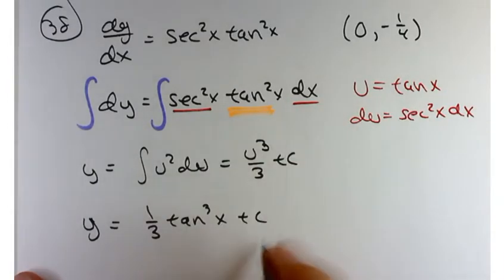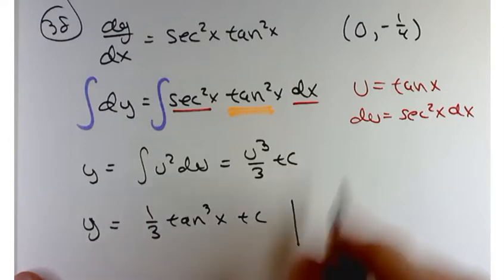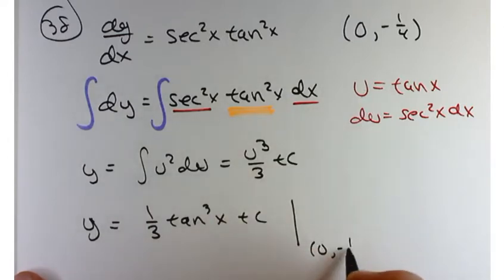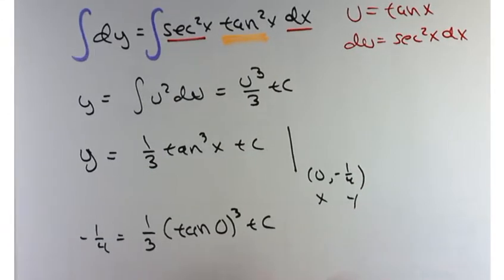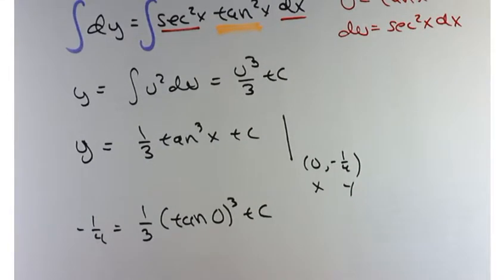So this passes through the point 0 and negative 1/4. So plugging those in, x and y, I get negative 1/4 equals 1/3 the tangent of 0 cubed plus c. Unfortunately for us, the tangent of 0 is what? 0.